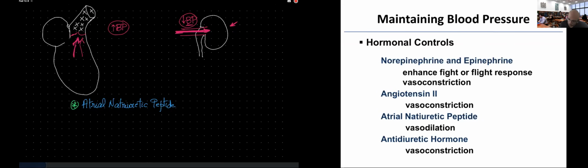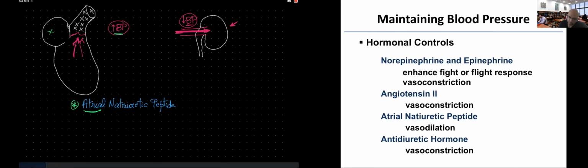What do you think? It's called atrial. So atrial means what? It means I am released from where? From the heart, from the atrium of the heart, right? And the heart will hate what?